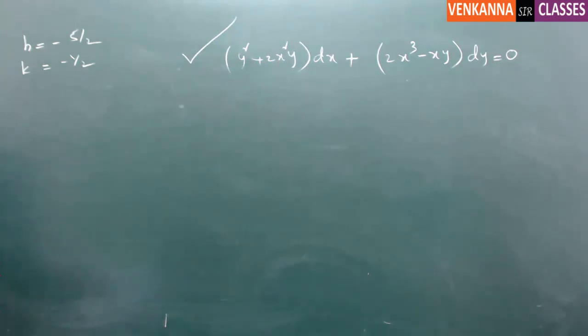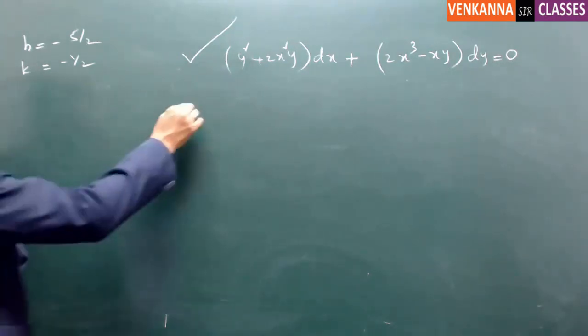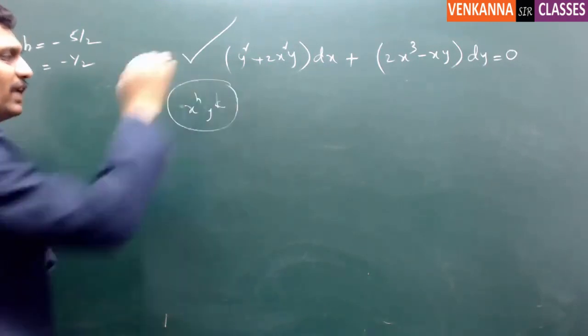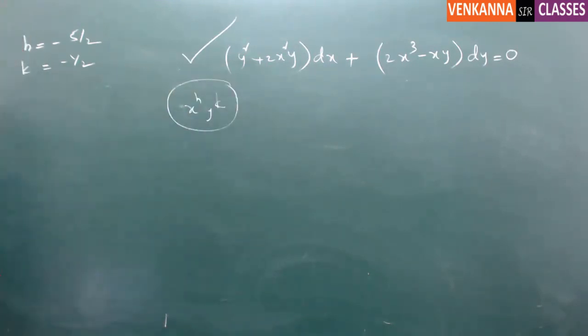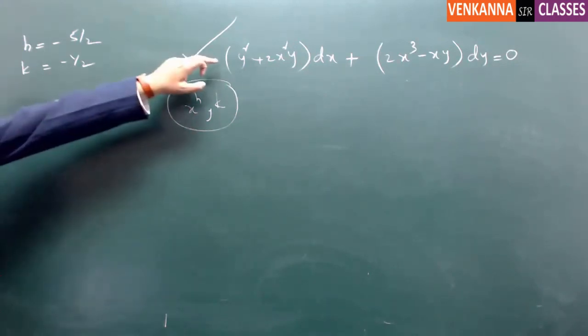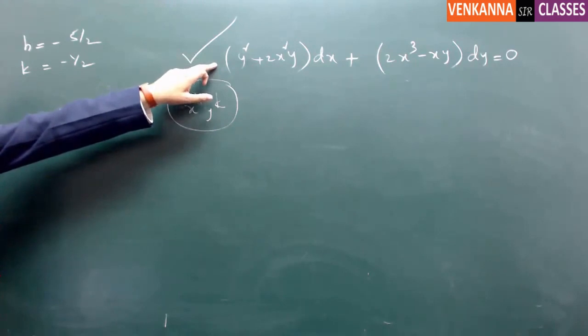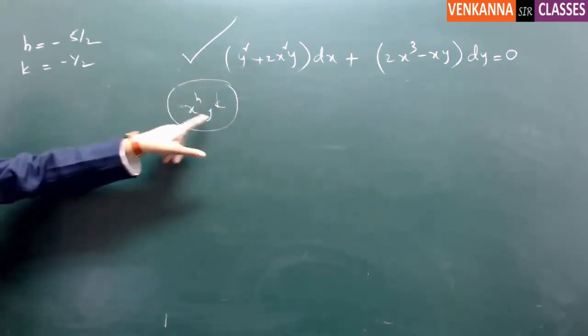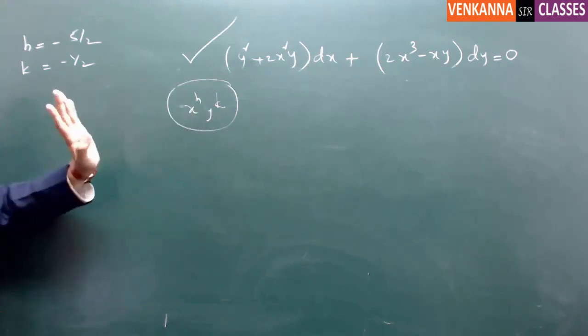We are using the last method, that x power h into y power k is the integrating factor. So what is the purpose of the integrating factor? It makes the given equation exact. So first of all, multiply the given equation with x power h into y power k.